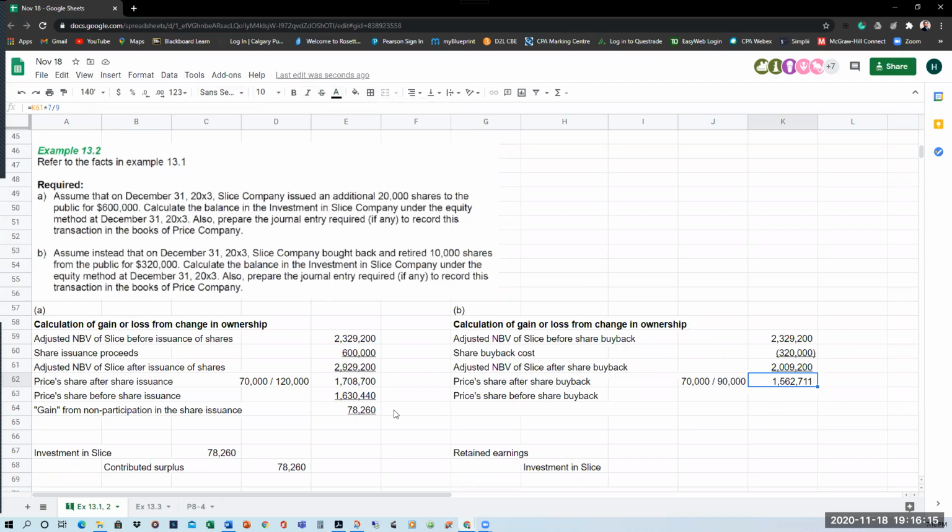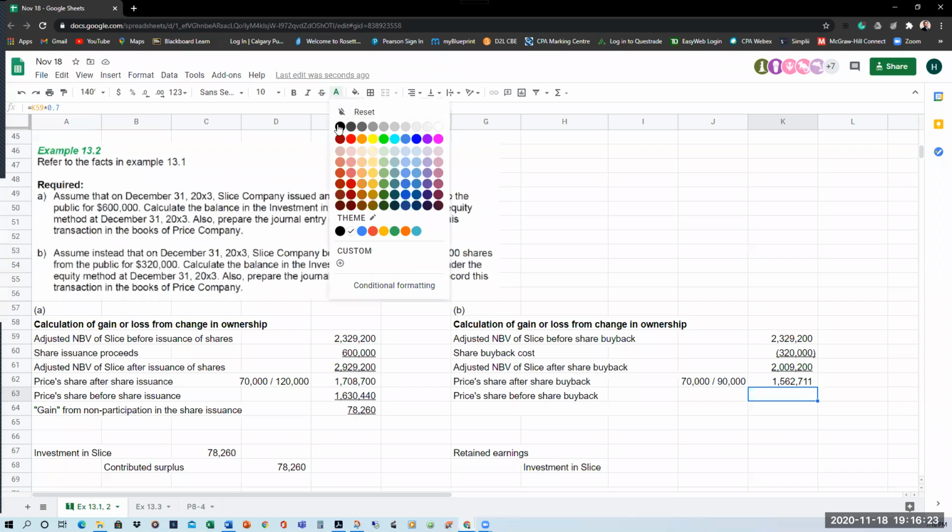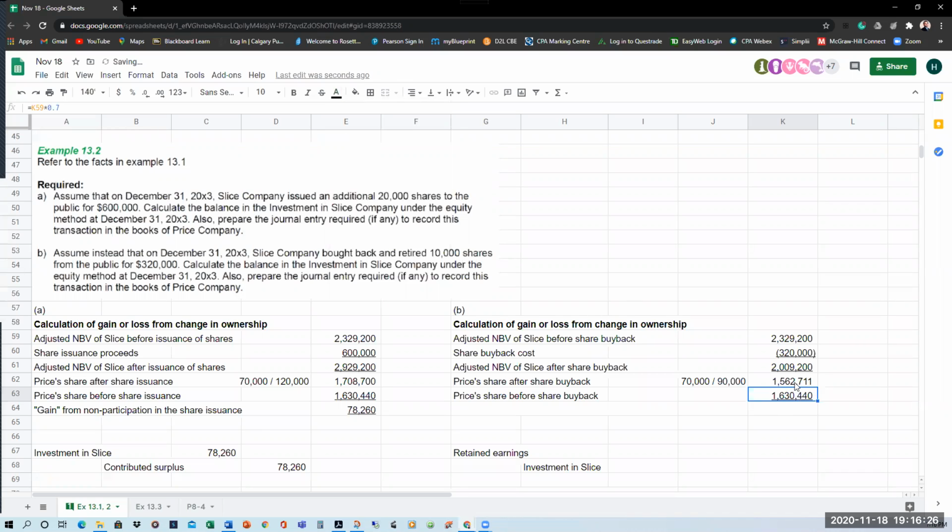Before the share buyback, though, Price had owned 70% of 2,329,000, which had been worth 1,630,440. So before the share buyback that was done by Slice Company, Price's ownership in Slice Company was worth 1,630,440. After the share buyback, it has decreased to 1,562,000.